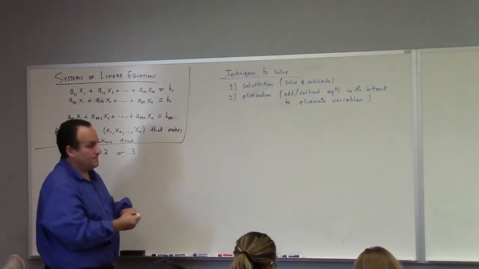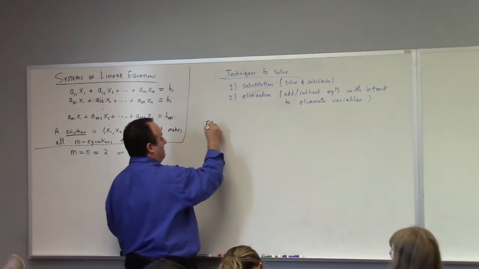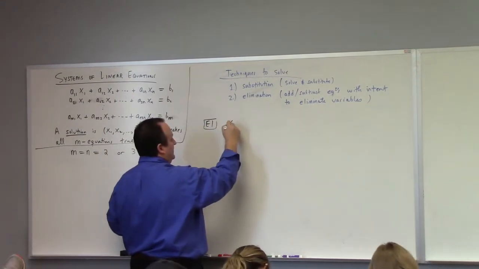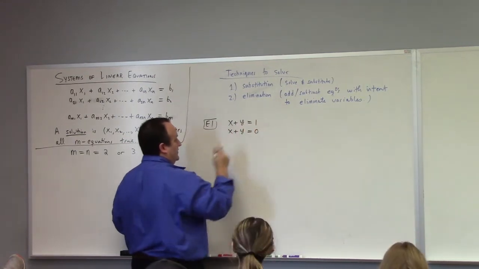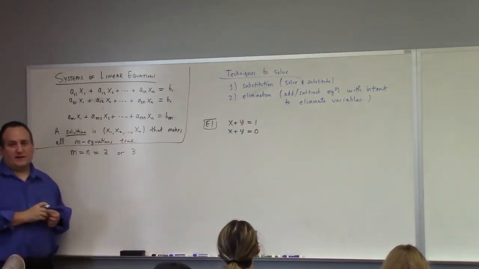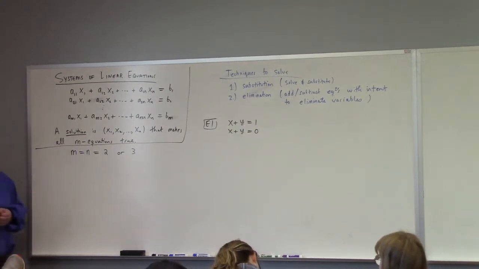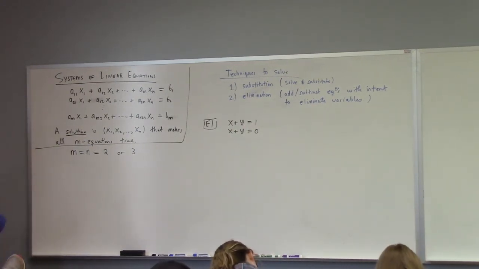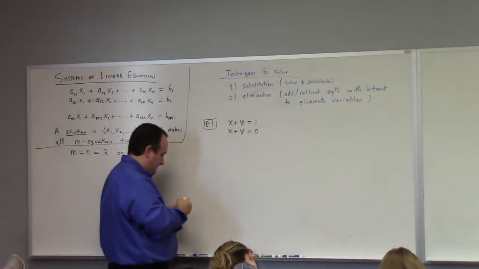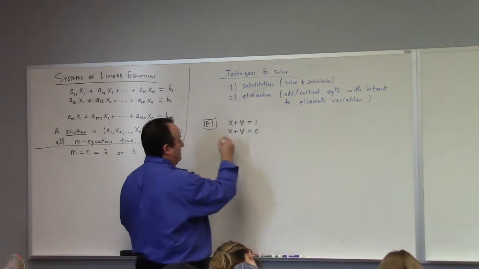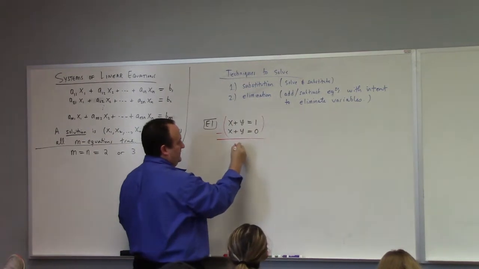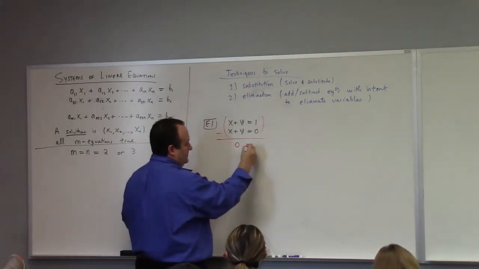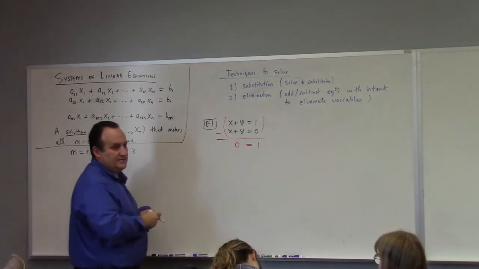Example 1. This one's really dumb. Suppose I've got x plus y equals 1, and x plus y equals 0. This is a good problem for elimination, because I can subtract these equations. What happens if I subtract the equations? I get 0 on the left-hand side, and 1 on the right-hand side.